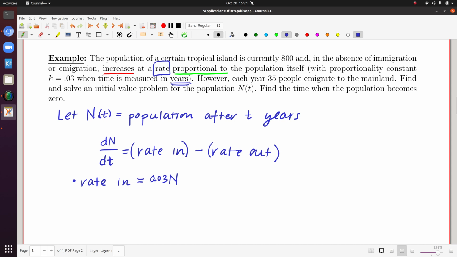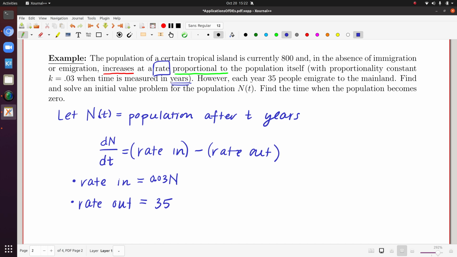So this rate in is very much like our previous example, so I can really build off of what we saw there. However, there's a rate out, and the rate out is saying every time unit of 1 year, 35 people leave, and so that rate out is going to be constant. A common question I get asked here is, why is it not 35t?